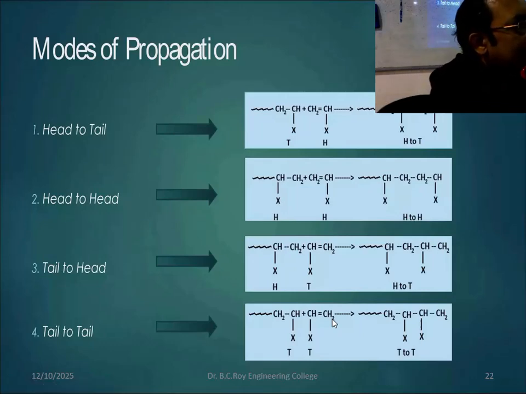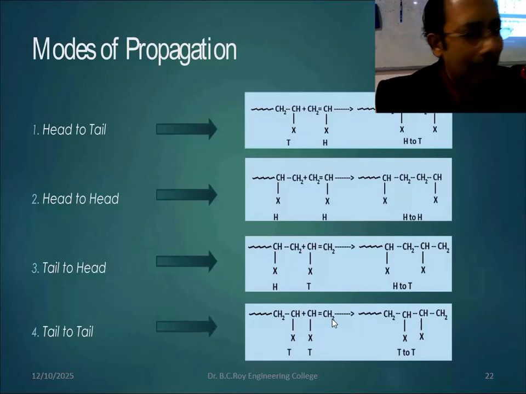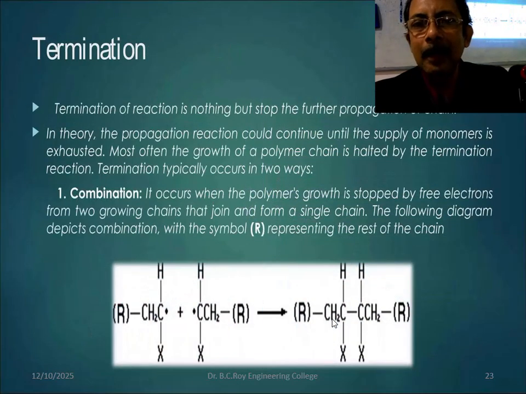Suppose this is head, this is tail. Head to head joining is possible, head to tail joining, and tail to tail joining. These are the three possibilities. Tail to head and head to tail actually become the same.